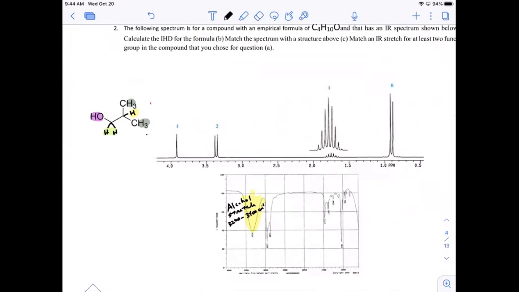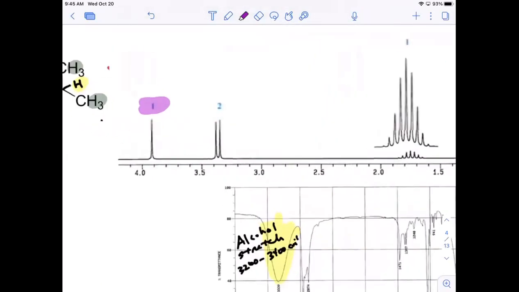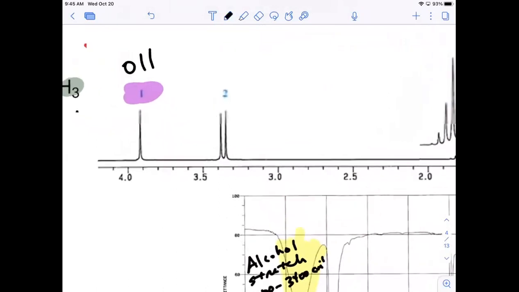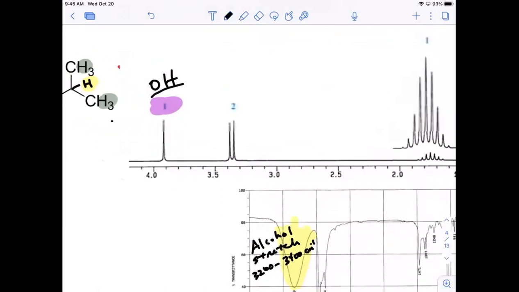So is there a singlet in that spectrum that you think could be the OH proton? Yes. Where is it? About 3.9. Okay, I agree with you. We're just going to put OH. All right, so that's done.